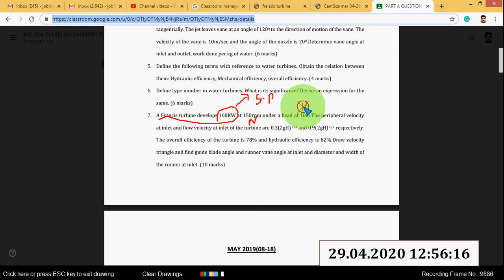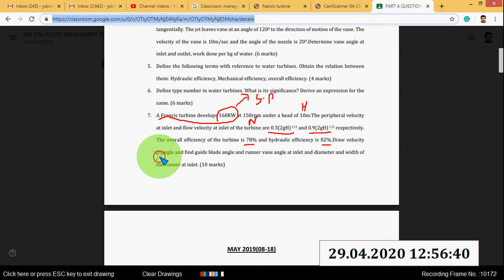The head is given, h is equal to 10 meter. The peripheral velocity and the flow velocity are given. Peripheral velocity is 0.3 into root of 2gh, and this is the flow velocity. Then the overall efficiency of the turbine is 78%, and the hydraulic efficiency is 82%.